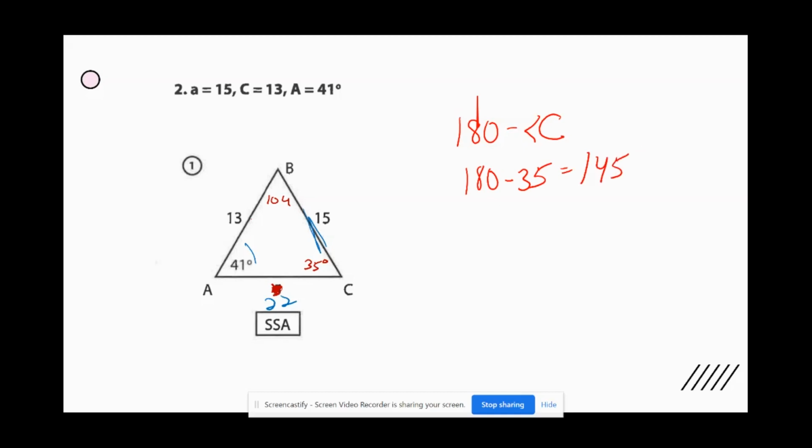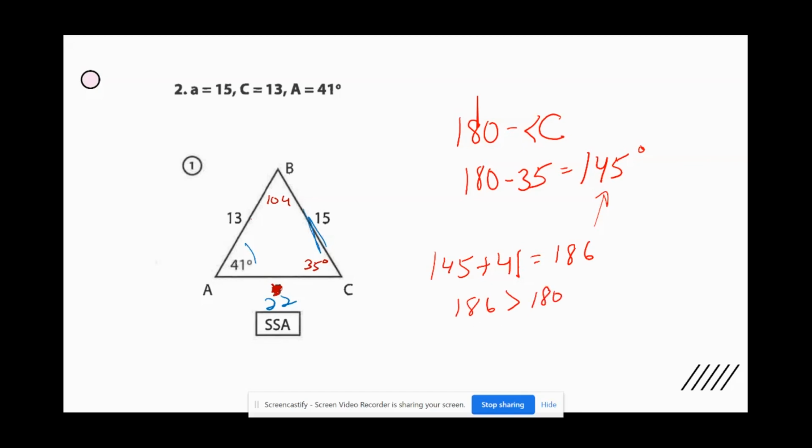Now you want to check this 145. In other words, we're checking to see if this was the new angle C, and if I had 145 plus 41, it equals 186. That is greater than 180. 186 is greater than 180.